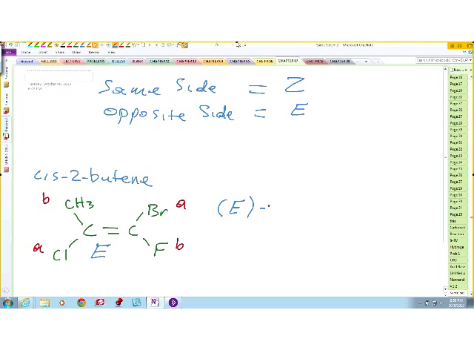Bromo. One bromo, right? Is that right? One bromo, one fluoro, two chloro, one fluoro, right? In alphabetical order.